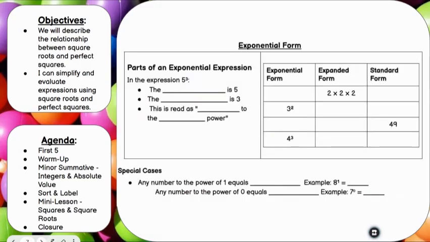All right, now we're actually going to take those definitions and apply them with some practice, okay? The first is the expression 5 to the third power. That 5 is the base, which means 3 has to be the exponent.